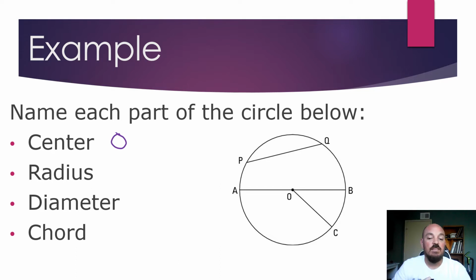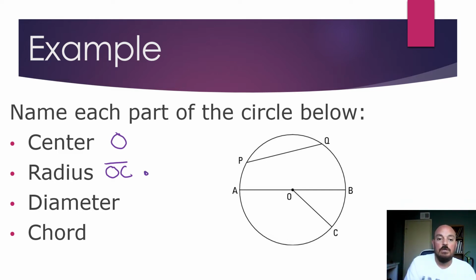Okay, the second thing I asked you guys to name is a radius. Now there isn't only one answer to this, but it is a line segment. So the first thing I notice is OC or CO. It doesn't matter what order you put the letters in. So line segment OC is the first one that jumps out at me as a radius. However, remember, one thing we noticed is a diameter is actually 2 radii put together.